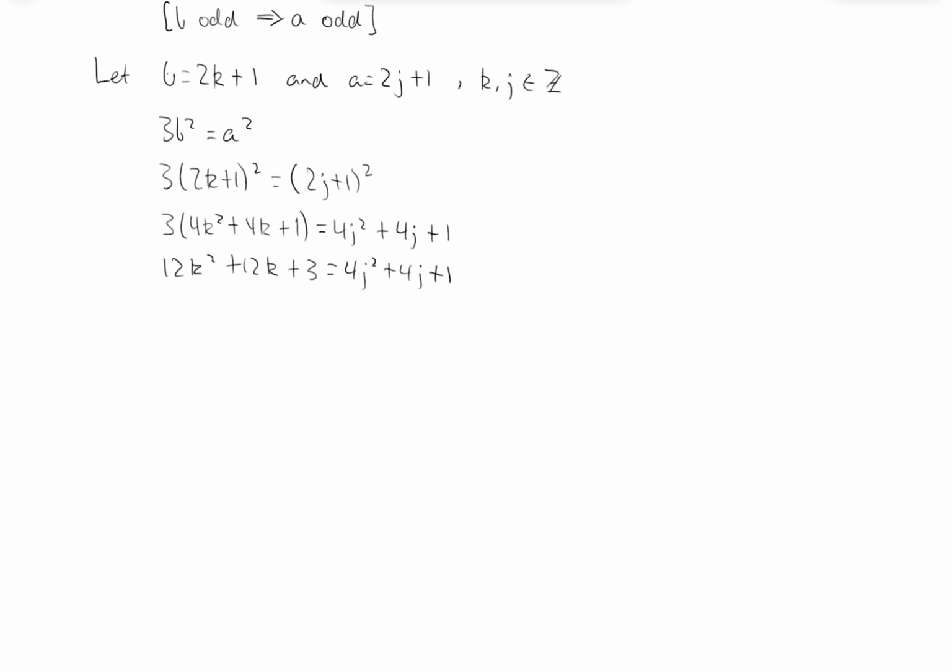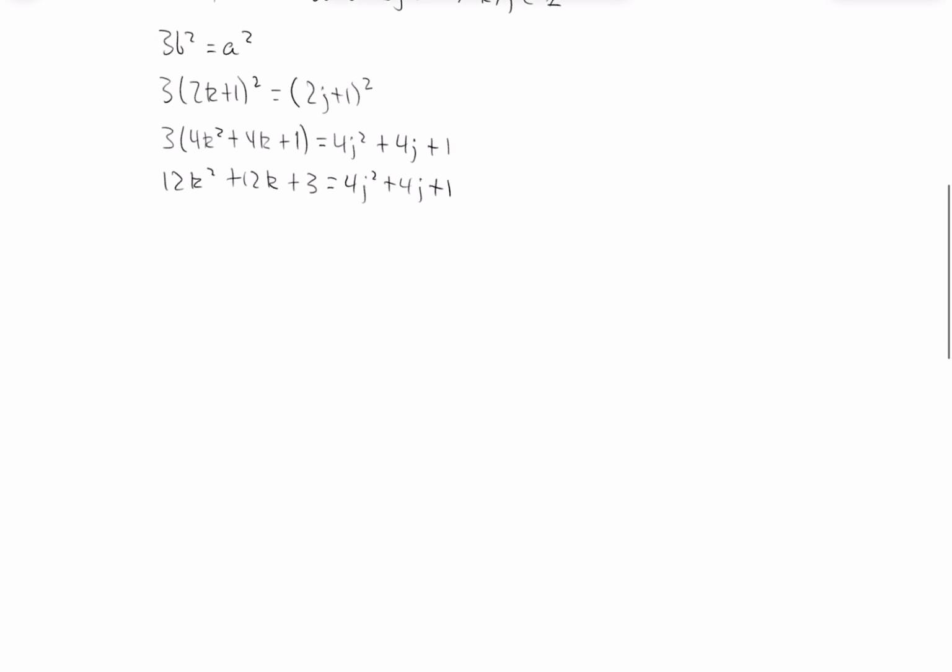Let's simplify this slightly. We could subtract 1 on both sides of this equation, and we'll get 12k squared plus 12k plus 2 equals 4j squared plus 4j. And I notice that all these terms are divisible by 2, so I'm just going to go ahead and divide everything by 2.